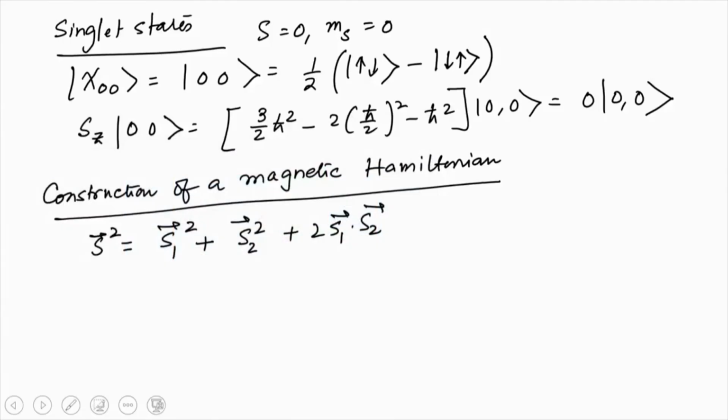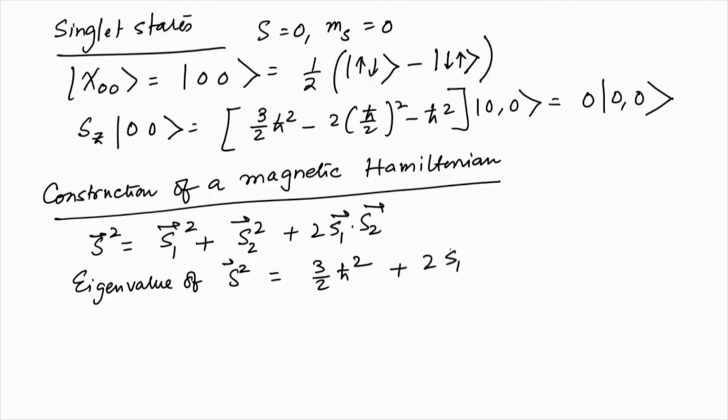Now, the eigenvalue of S square is equal to 3 by 2 h cross square, as we have discussed that 3 by 2 comes from 2 terms of 3 by 4 h cross square, each of S 1 and S 2, plus 2 S 1 dot S 2.